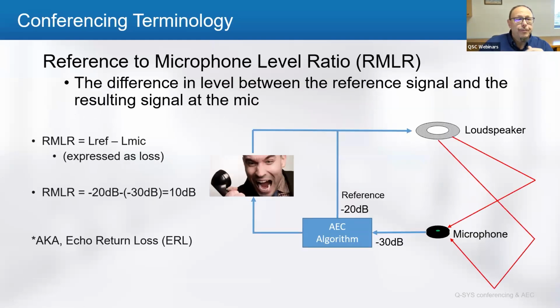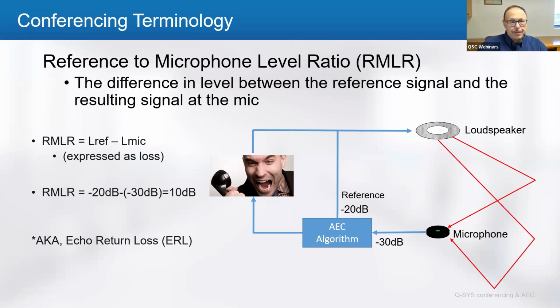So echo reference to microphone level ratio. So the difference in the level between the reference signal and the resulting signal at the microphone. So it's going to be the RMLR ratio. And this is expressed in -20 to 10 dB. So it's a 30 dB swing there.